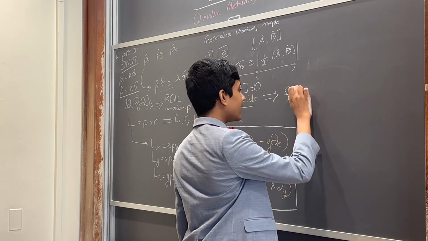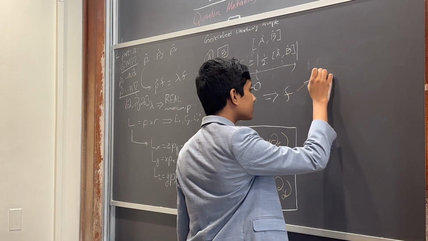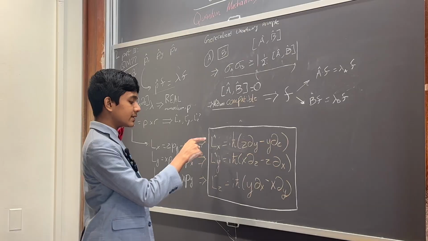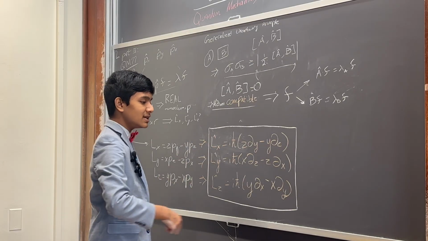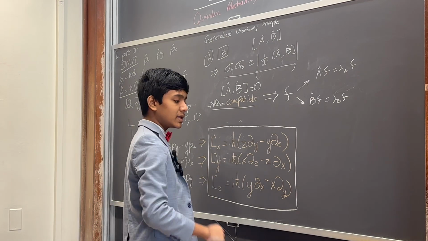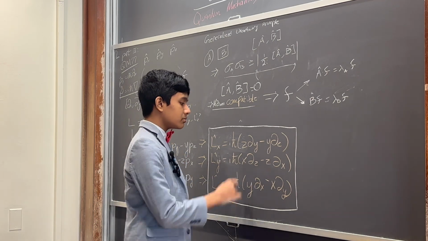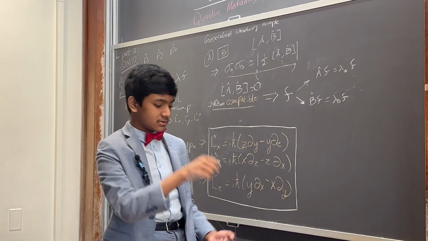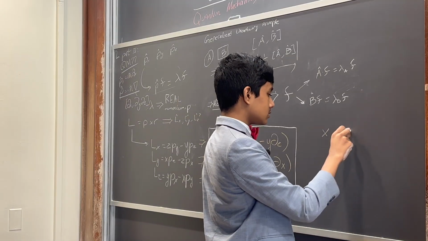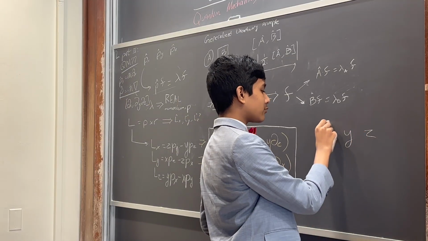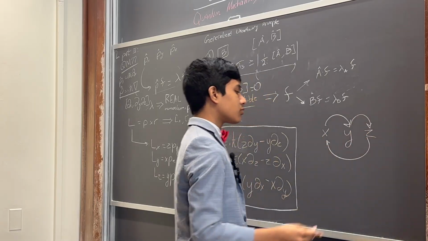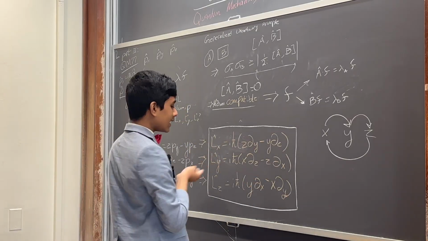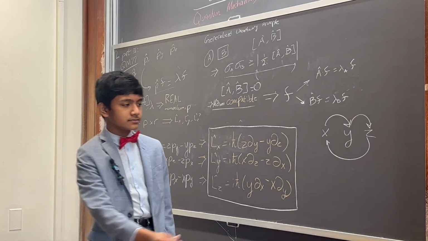I can switch Lx to Ly by just renaming this to x and renaming this to z, renaming this to z, and renaming this to x. So if you put every cyclic permutation, that means you switch every x to a y, every y to a z, and every z to an x. And through that, we can cycle through Lx, Ly, and Lz just fine.